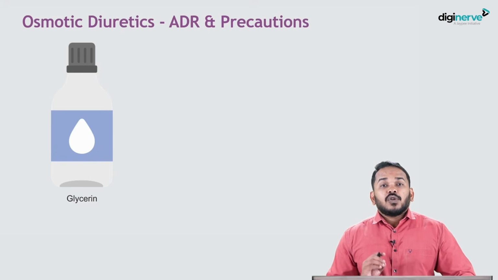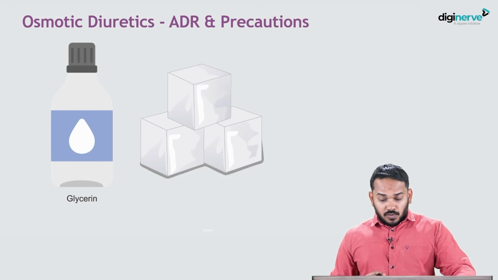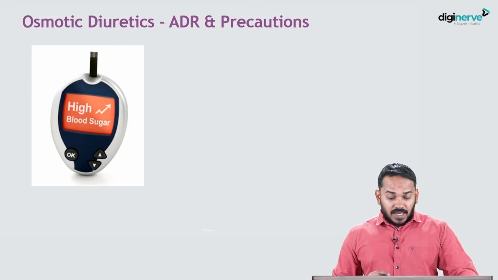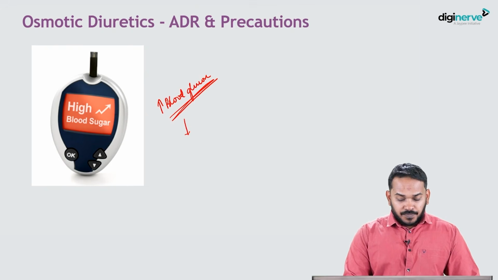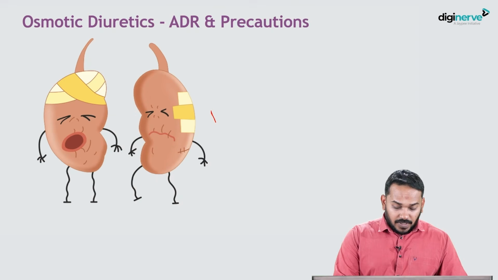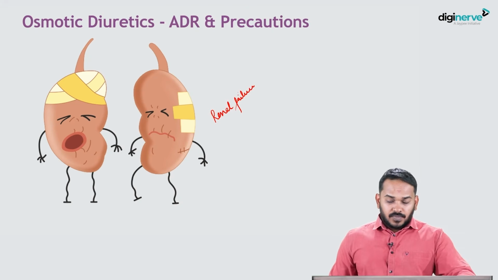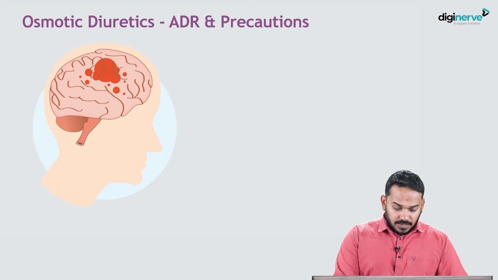And the osmotic diuretic glycerin is converted to glucose in our body, and that can result in increased blood glucose. So it should not be used in diabetics. These osmotic diuretics are contraindicated in renal failure and also in intracranial hemorrhage.